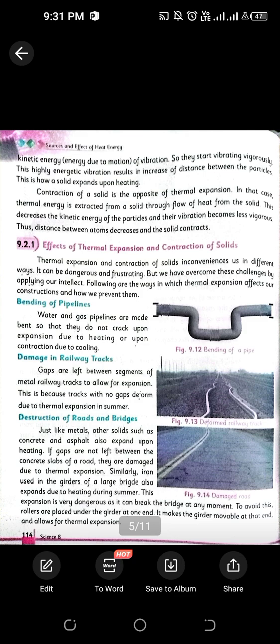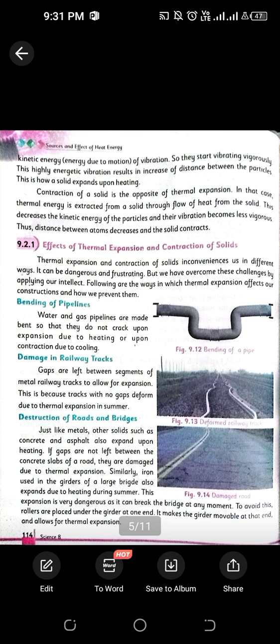Just like the example of a building and a railway track, roads and bridges are also constructed in such a way that there is a gap between the metals and the concrete slabs, so that the cracking, the bursting and the damaging of the roads and bridges is prevented, right?